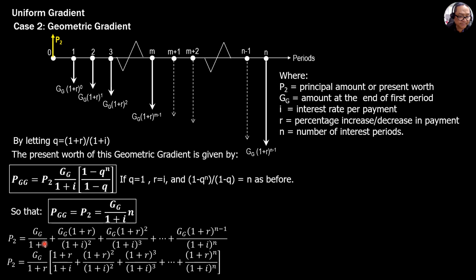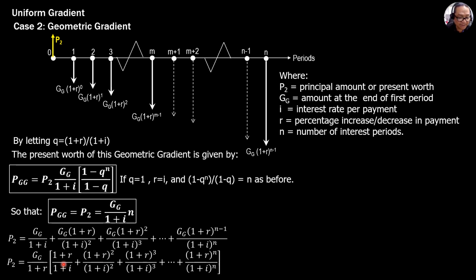Then the terms here, after we factor out, become 1 plus R over 1 plus I, then 1 plus R squared over 1 plus I squared, 1 plus R cubed over 1 plus I cubed, and so on until the last, which is 1 plus R to the n over 1 plus I to the n.